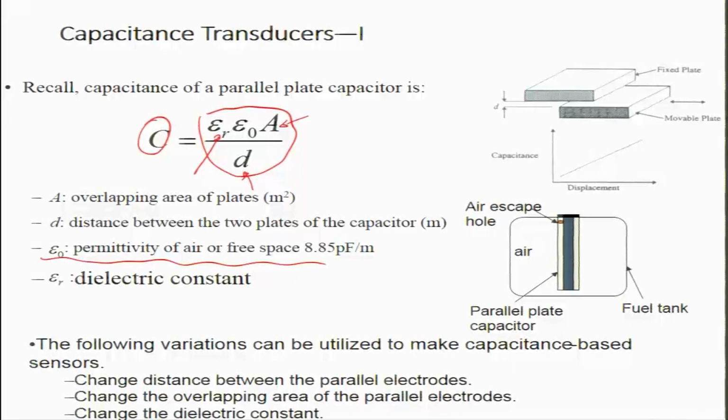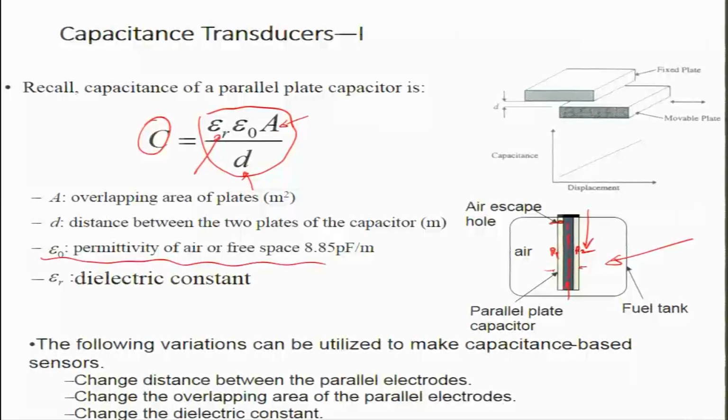One such example could be a liquid level sensor, with an air escape hole for bleeding out the air which is trapped in between, and a tube across which two metal conductors are placed on both sides. As this whole assembly is immersed into a tank, let us say a fuel tank, with petrol or diesel depending on the type of vehicle, and the liquid goes into this tube, it changes the dielectric constant, and therefore there is a change in the capacitive response between these two plates, P1 and P2, shown by the two open areas.